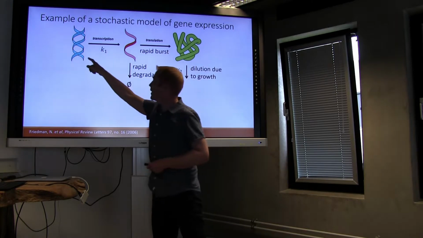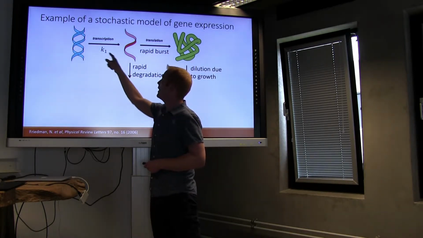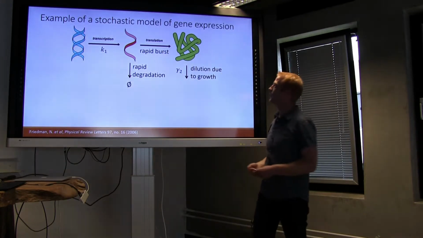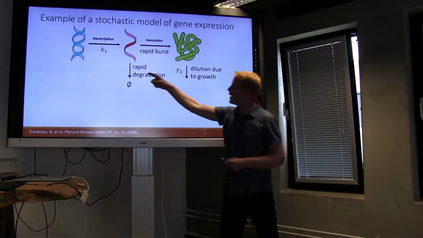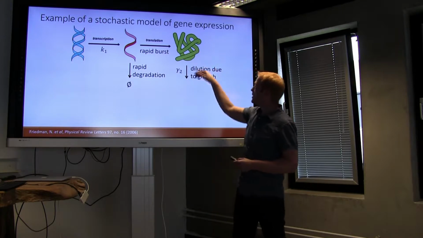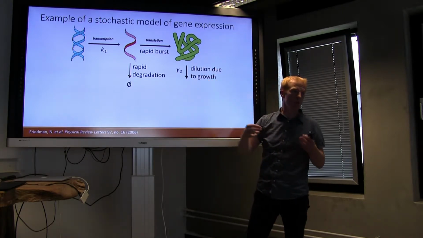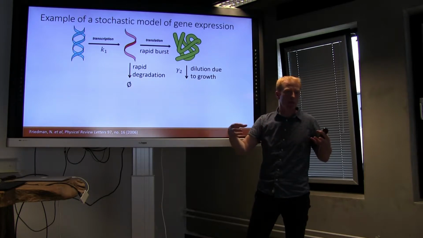I have a rate at which I produce mRNA, rate k1, and I model it as a Poisson process. And then at that rate you have a burst of protein production, and that protein is then diluted.